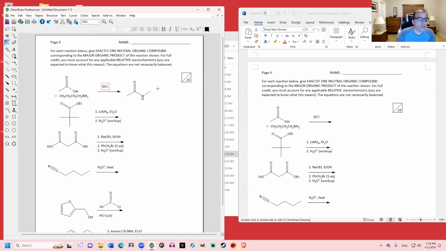And it's butylamine, so we have 4 more carbons. 1, 2, 3, 4. So that's the product you'd get, this amide.